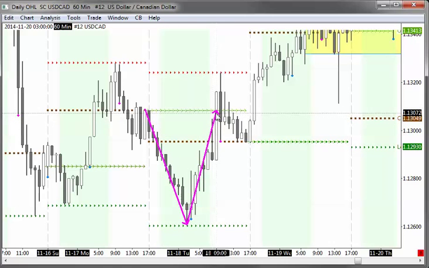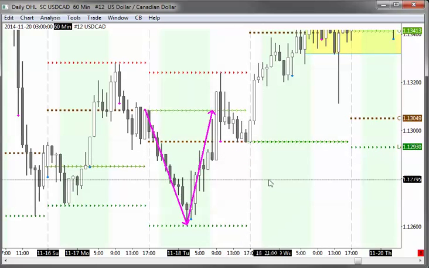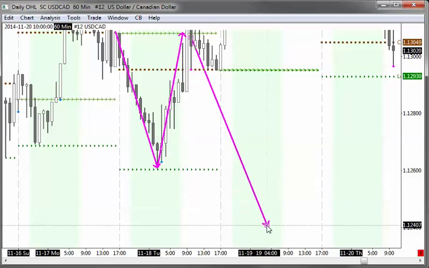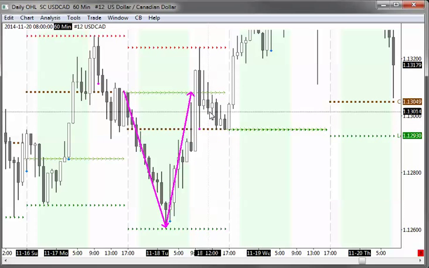If you get that, and it breaks above it like it did here, then look for it to continue. If it does not break and it just comes up for a double top V pattern, then the expectation after that would be to look for it to come not only back down to where it started from, but beyond. But in this case, it went up and above it, and it closed above it. So then you just look for that pullback to get in, and that's exactly what this is.